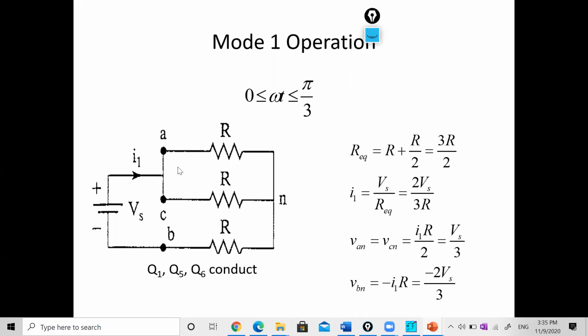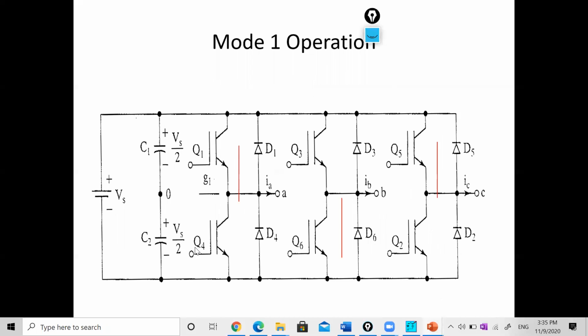These are the upper half transistors, so this is positive, this is negative. If this is DC, these two transistors will directly get the positive supply and here it will be negative: plus Vs by 2, minus Vs by 2.